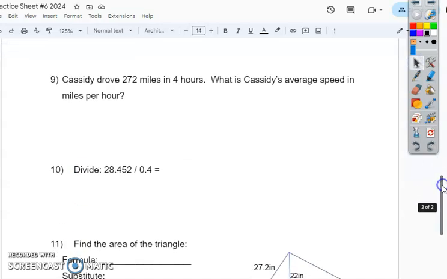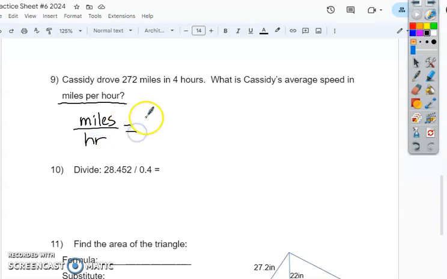So number 9 says, Cassidy drove 272 miles in 4 hours. What is Cassidy's average speed in miles per hour? Average speed. We haven't really talked about average, even though I know you've learned it before, but this says miles per hour. How many miles? 272 divided by 4.